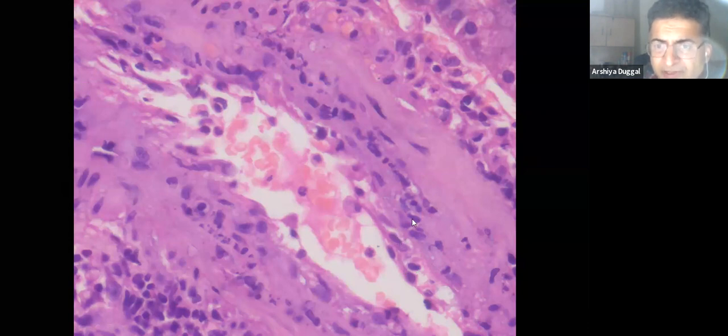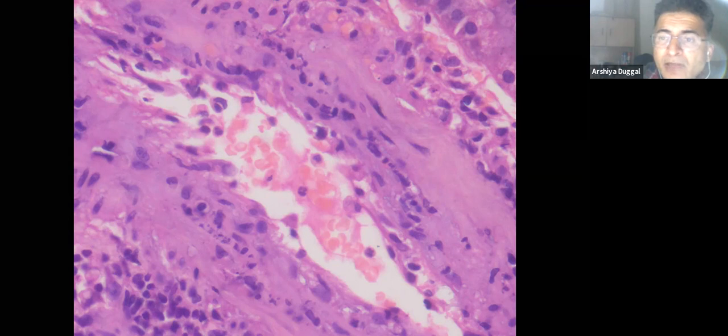In addition, the lymphocytes are also infiltrating the tunica media, the smooth muscle layer. That means there is a transmural arteritis occurring. Whenever we see transmural arteritis, there are only two differential diagnoses. First is acute AMR. The second is a very severe kind of acute T cell mediated rejection. But whenever you see transmural arteritis, think first of acute AMR.